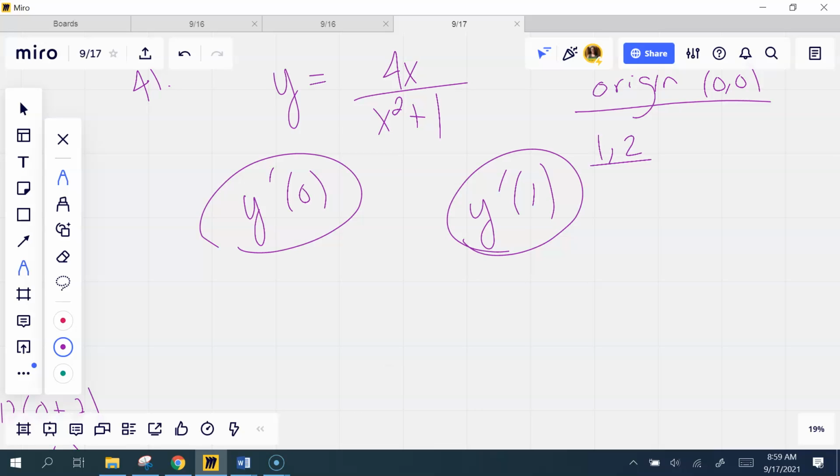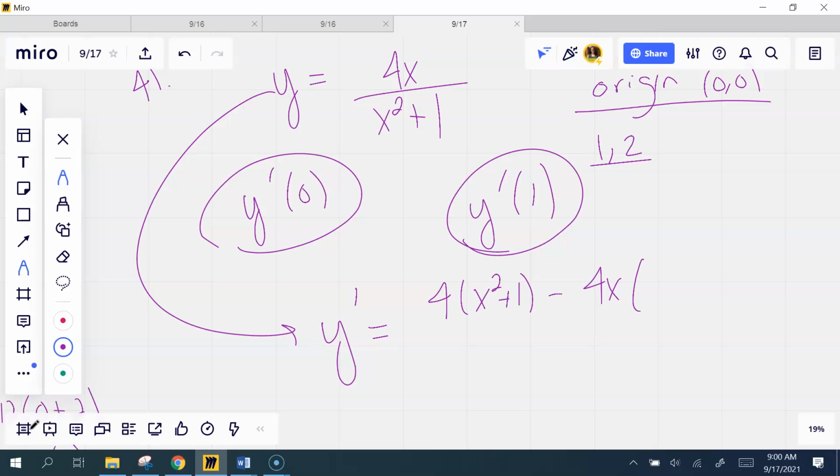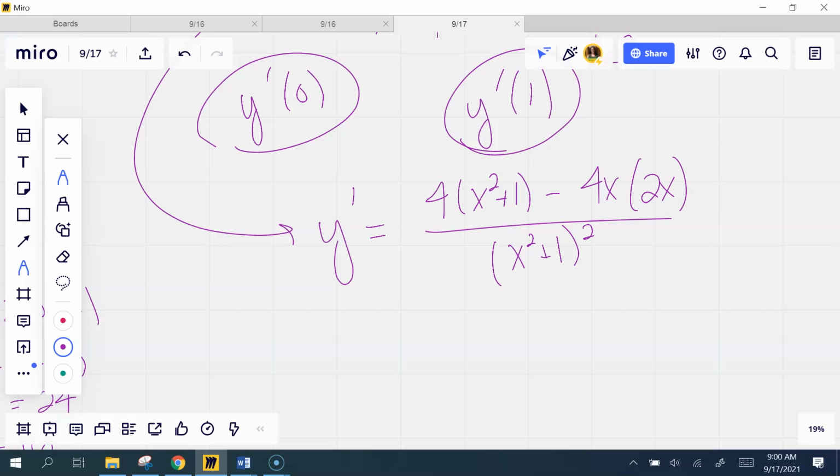So let's do the derivative. Quotient rule, yes. Derivative of the top. That's, yep, 4 times the bottom minus the top times derivative of the bottom. Yes, right, you're subtracting, order of subtraction matters. Over the bottom squared. I'm not even going to simplify this right now.